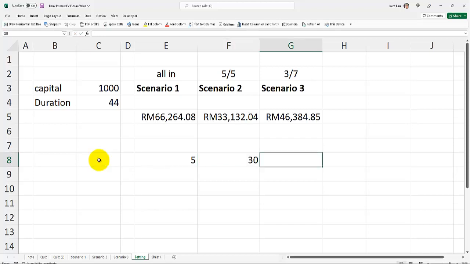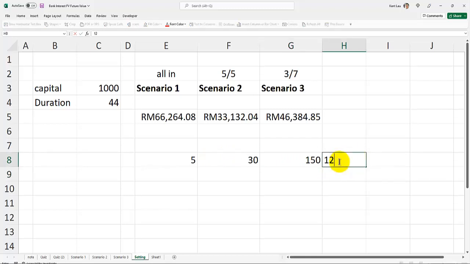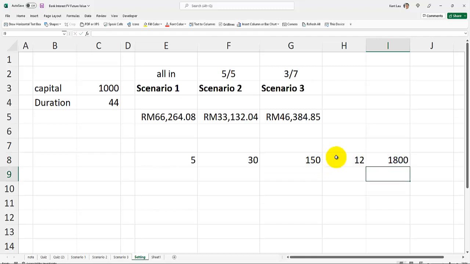Well, just take this amount times 30. It's 150. So in a month you can save 150. In 12 months, how much do you get? You take this times this, and you get 1,800.